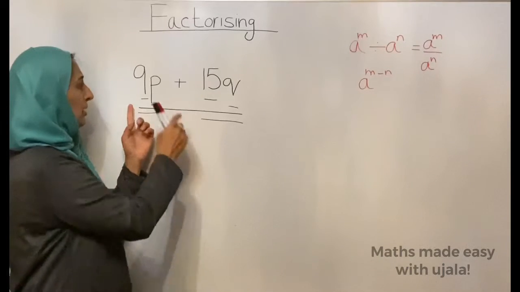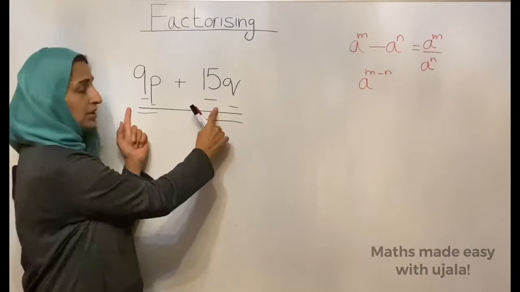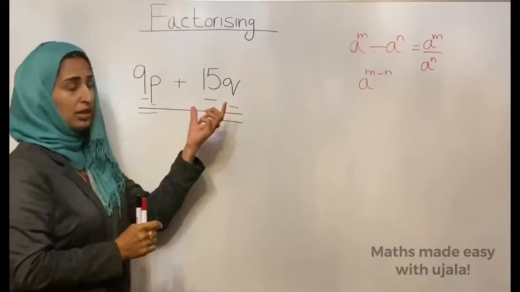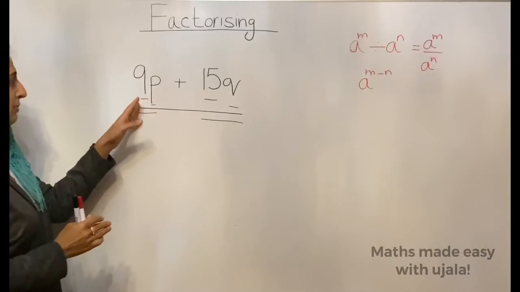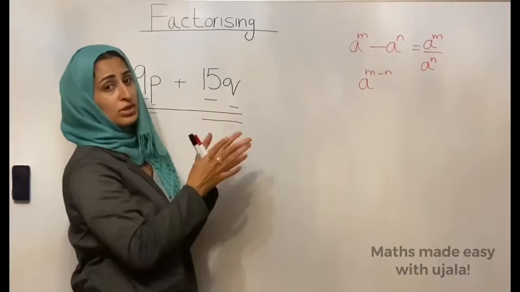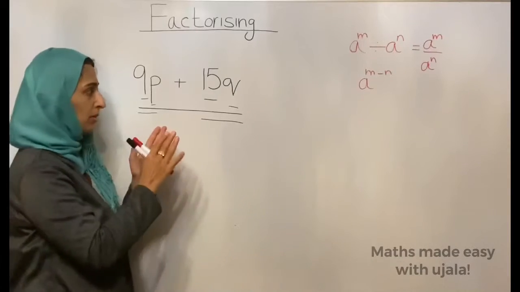In the 3 timetable, 3 comes. 3 times 3 is 9, 3 times 5 is 15. So 3 is the highest common factor for 9 and 15. If you go for the 9 timetable, 9 comes, but in the 9 timetable 15 doesn't come. So that's why we have to find the highest common factor for both numbers.